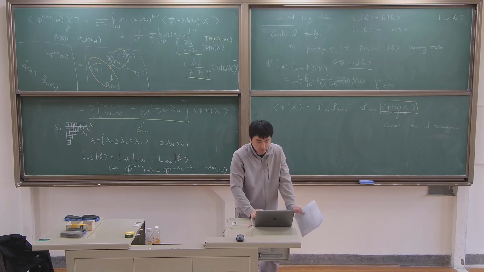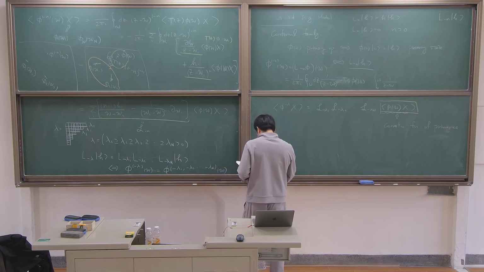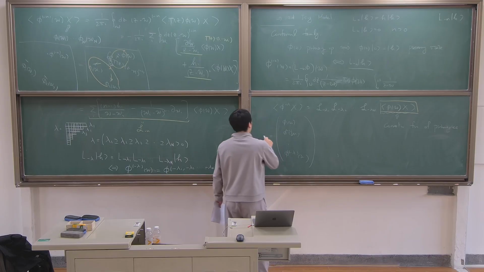Any question at this moment? And then, the primary field phi and its descendants of W, that is phi minus lambda of W, these are called a conformal family.